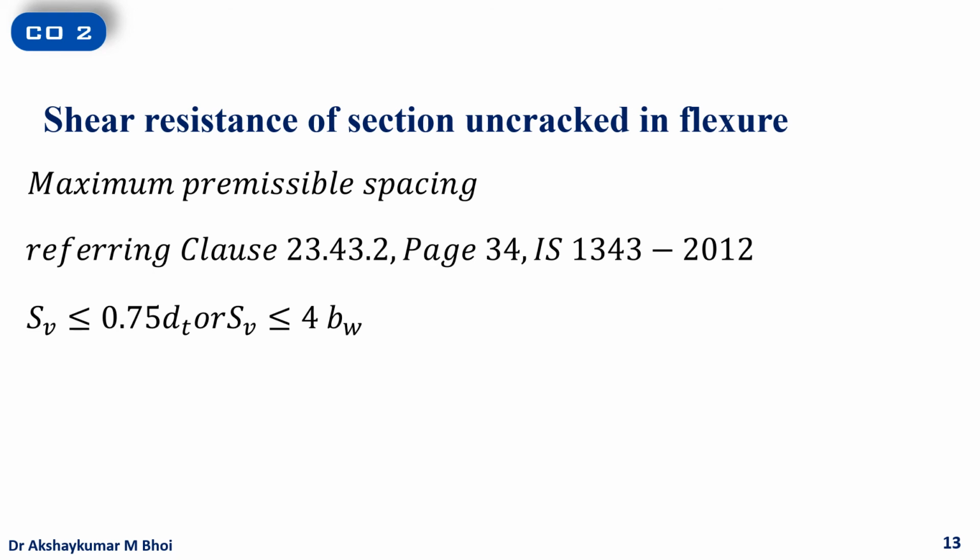Now the depth of the steel from the extreme compressive fiber, that is the effective depth dt, is not given, so we shall only consider the criterion Sv less than or equal to 4 times the width of web. Putting the value of width of web as 150, which is given in the example, we get the maximum permissible spacing to be 600 mm.